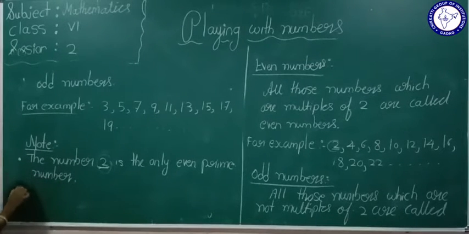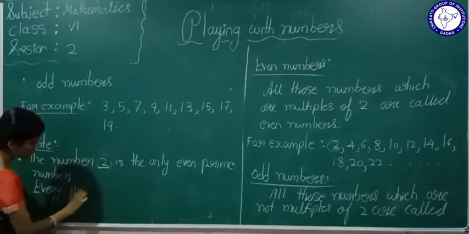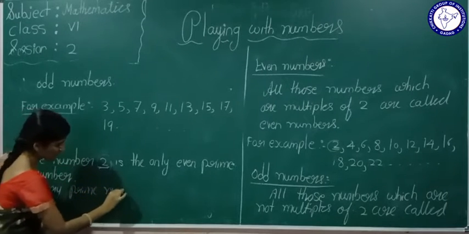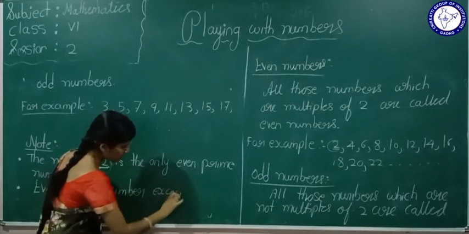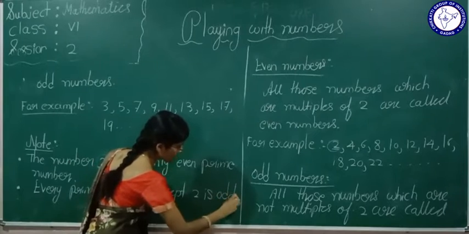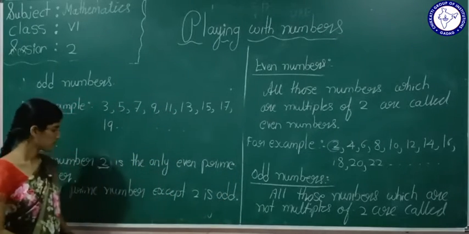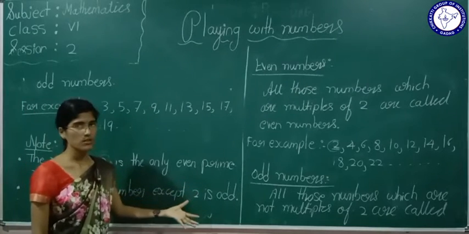Next, every prime number except 2 is odd. Means what?